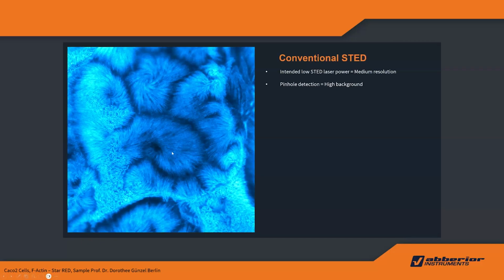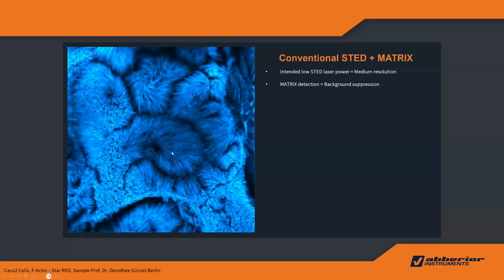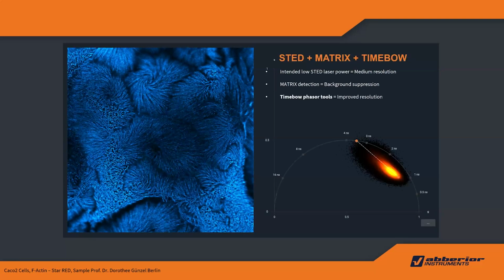Then you can use the matrix to remove the background and improve the contrast, the signal-to-noise ratio. And as I said, the matrix can calculate the fluorescence lifetime. Actually, you can do post-processing to further improve the resolution. This is useful for those dyes which cannot handle a lot of STED power, so optically you cannot reach the very high resolution.